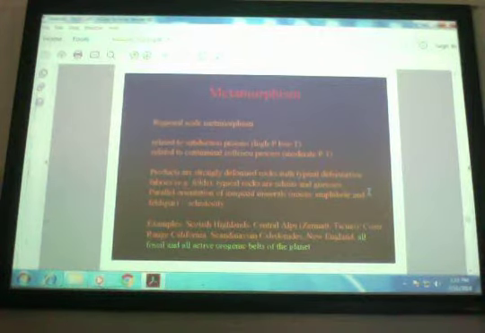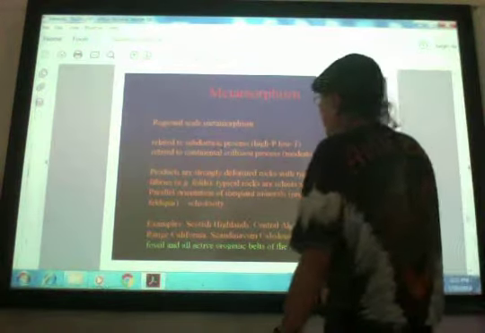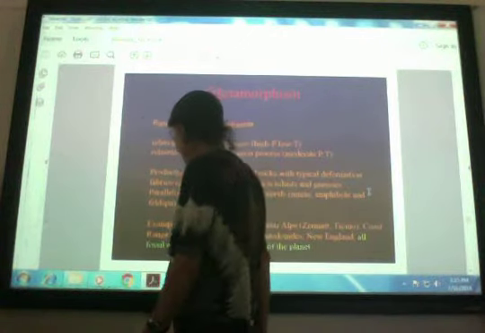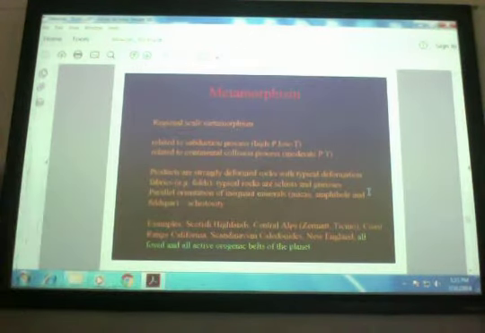Then we have continental collision processes. There we are dealing with moderate pressures and moderate temperatures. If you look at these rocks, the products are strongly deformed with typical deformation fabrics. Yeah, that is the schistosity.